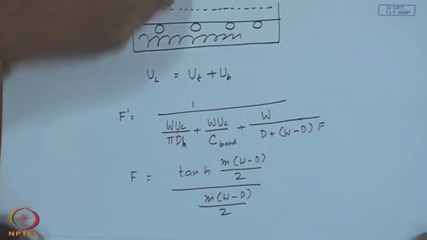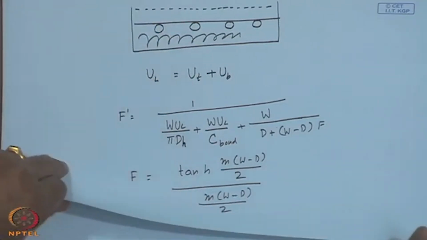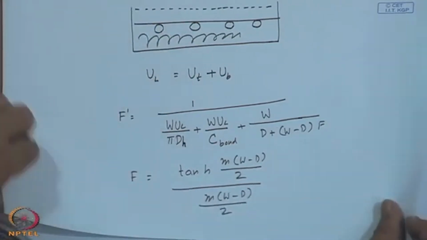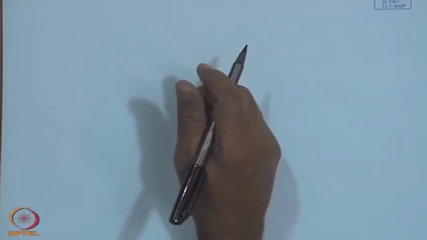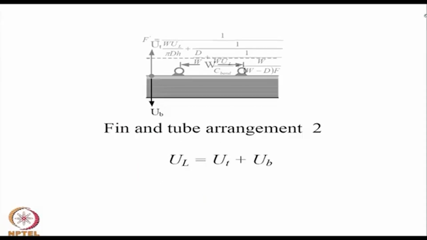This should be very familiar. It is nothing but the fin efficiency expression that we do in undergraduate classes as tan hyperbolic m l upon m l, and we dealt with this arrangement in detail.